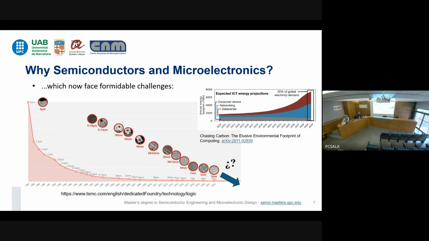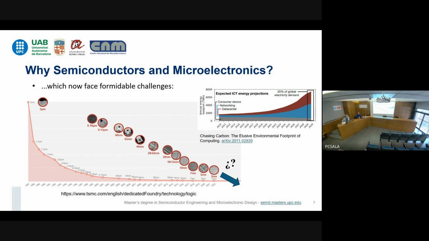Basically, to go from old technologies to new technologies, the knowledge required has been higher and higher. This implied more economic investment, and this has produced that the number of industries that have been able to follow this pace has been reduced. And today, actually, there are only 3 big companies that can manufacture integrated circuits in these latest technologies, 3 nanometer, 4, 5 nanometer technologies.